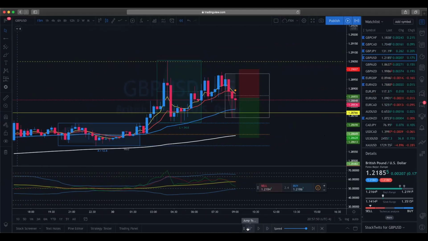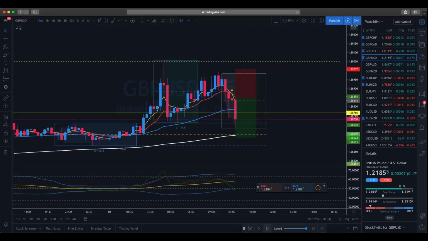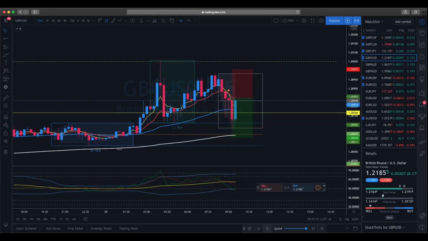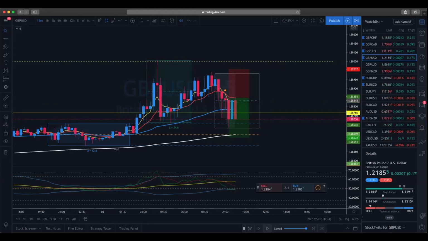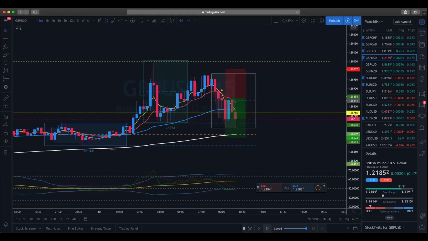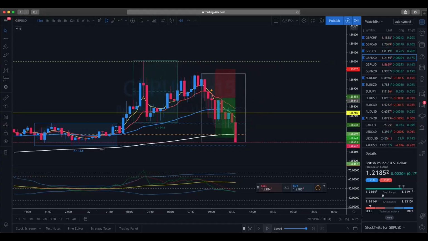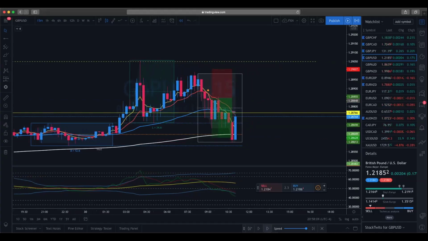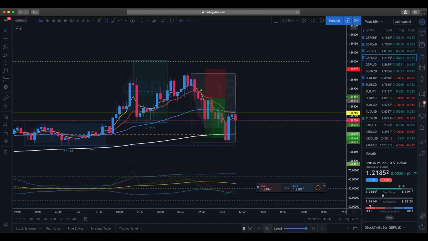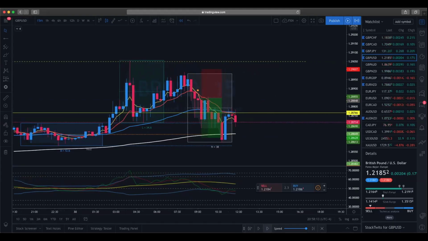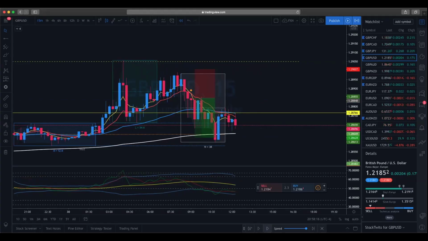It'd be nice actually if you can get a pullback to give you a better entry, but I don't think you will. All right, so that's one there.